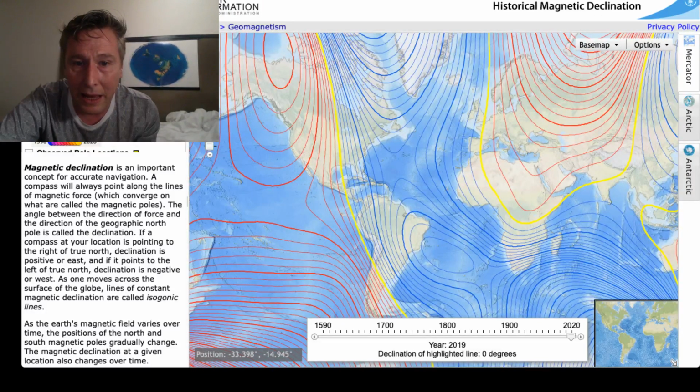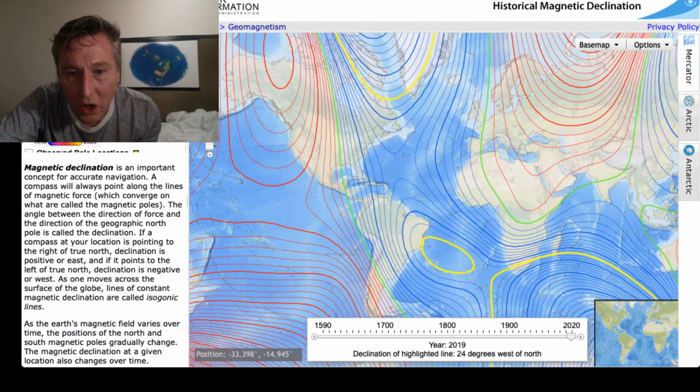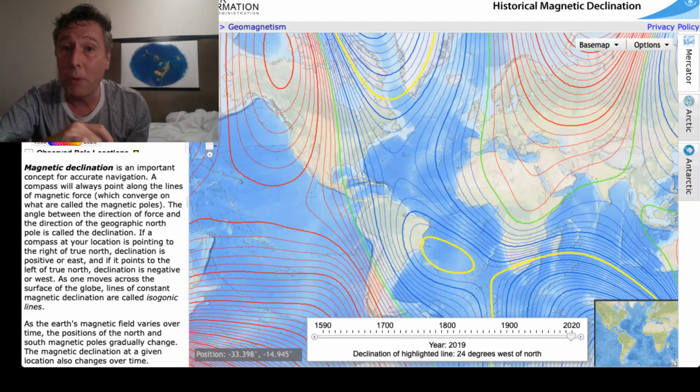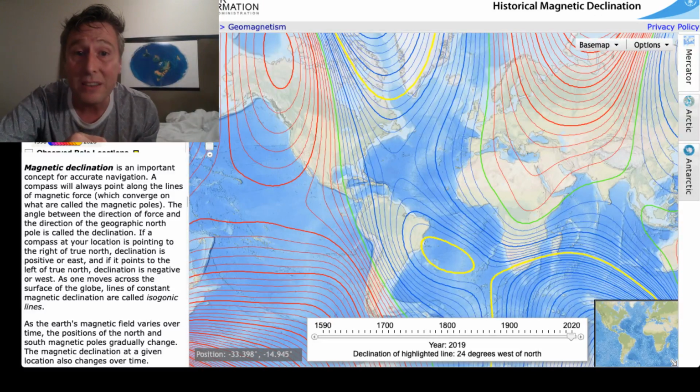I'm going to highlight it now. This circle is 24 degrees west of north. That means that if you were on that circle, your compass will be pointing toward 24 degrees west of north, no matter where you were within that circle.